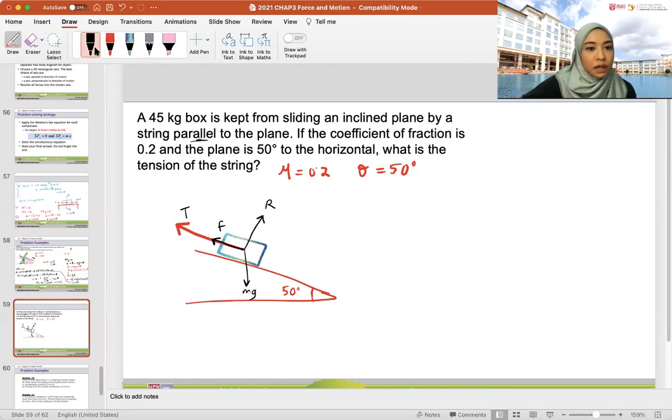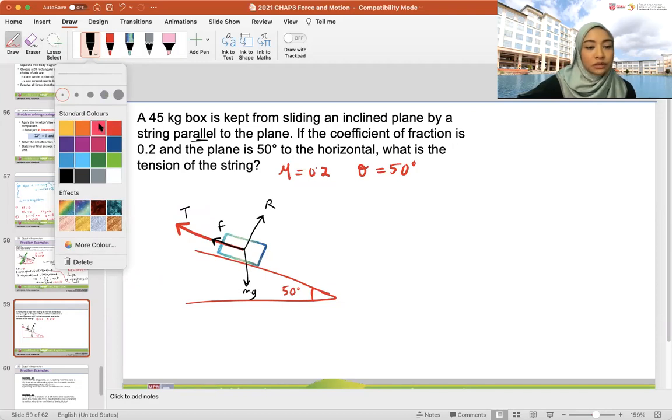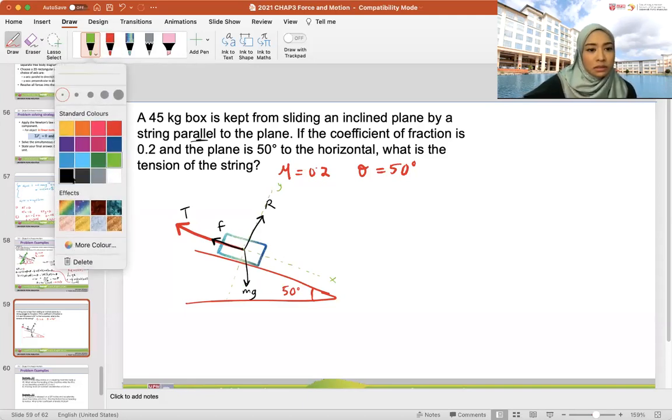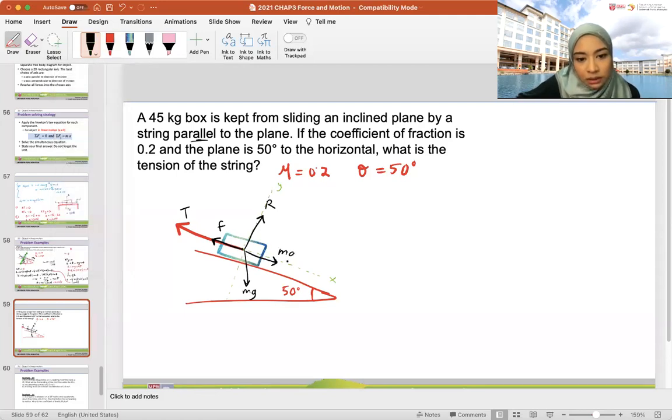Now we resolve our gravitational force, because this guy is not in our axis yang kita nak. So our axis that we like is this guy, and in this direction, this is the axis that we want. So mg is not in that axis, so we resolve it. So let me resolve that in black. So this would be mg sine theta, this would be theta, and this would be mg cosine theta.